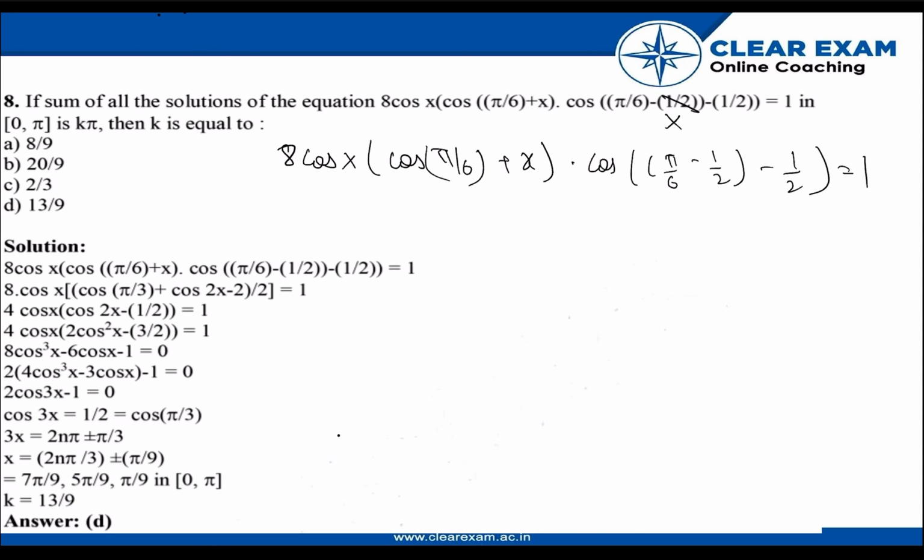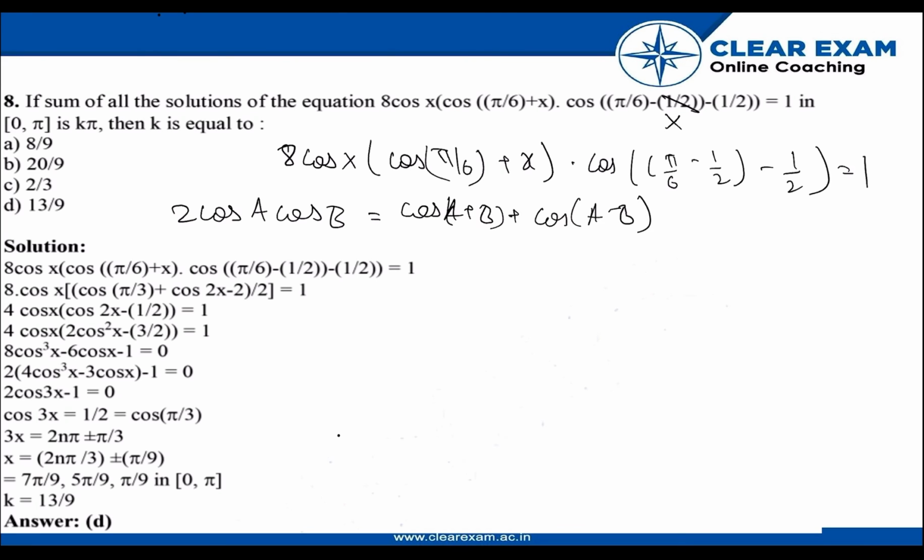The first look at the equation tells us to solve the cos part inside the brackets. We have the formula 2 cos a cos b = cos(a + b) + cos(a − b).